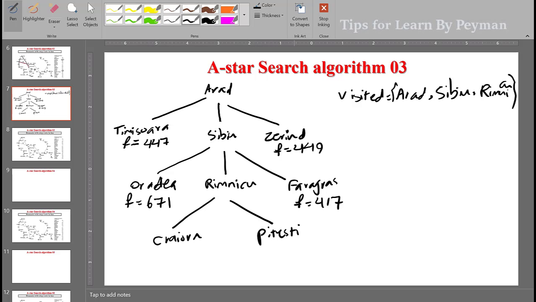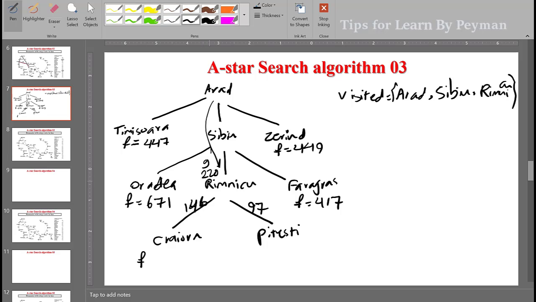Okay, let's calculate the F function for this Craiova. It was 146 for here, and for here it was 97. So from the Arad to Rimiju, the calculated G value was 220.